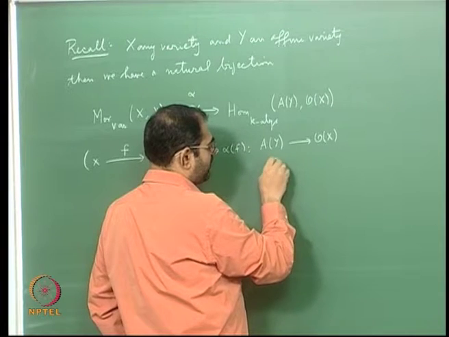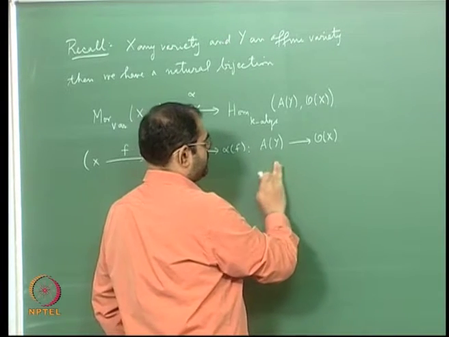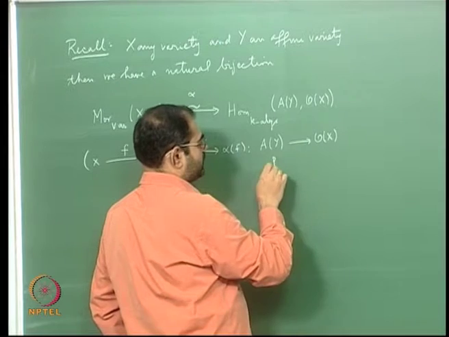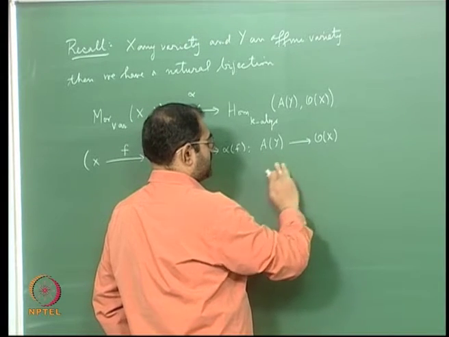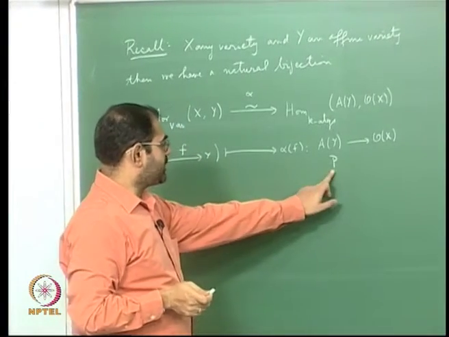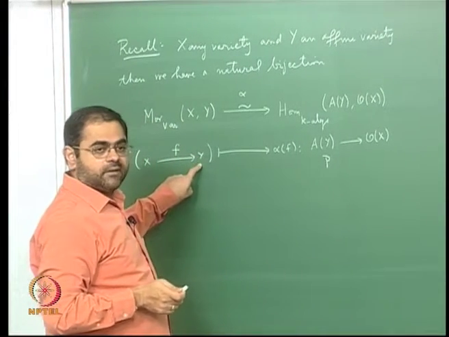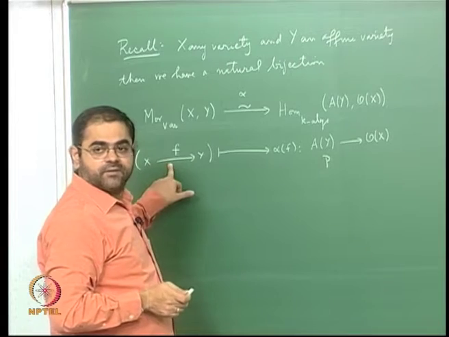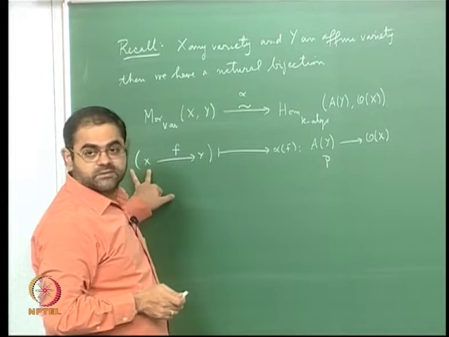Namely, you give me a polynomial function, capital P, on Y, you compose it with f to get a regular function on X.